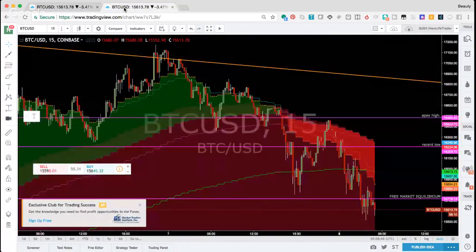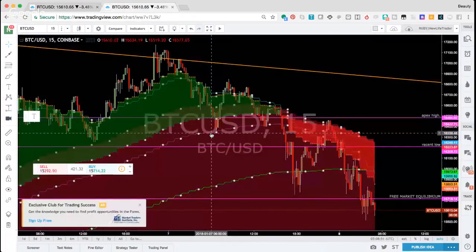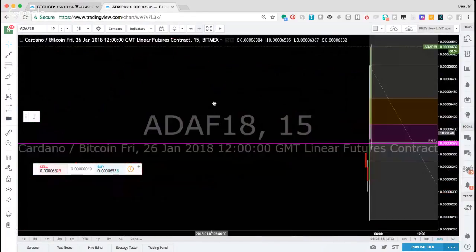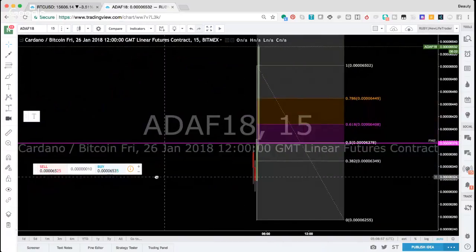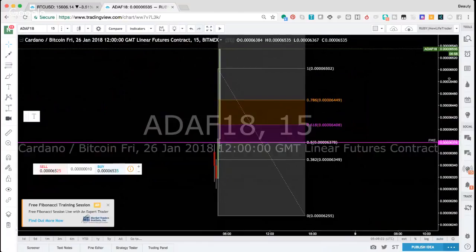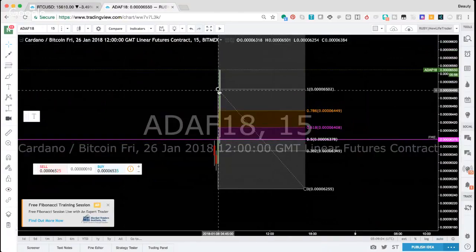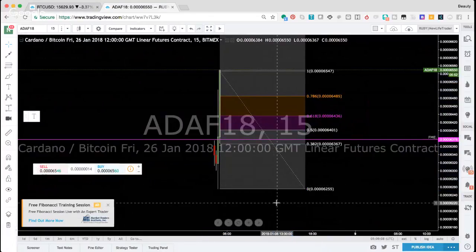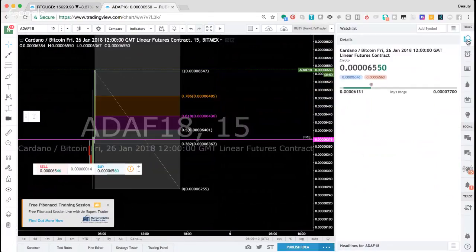Cardano. All right, let's go back over to Cardano. And we're looking at the linear futures contract. Let's see if there's anything else that we have to do. And we did. They got some higher moves. So we get to, oh, it's actually doing pretty well right now. Good for them. And let's make sure that we've got this.